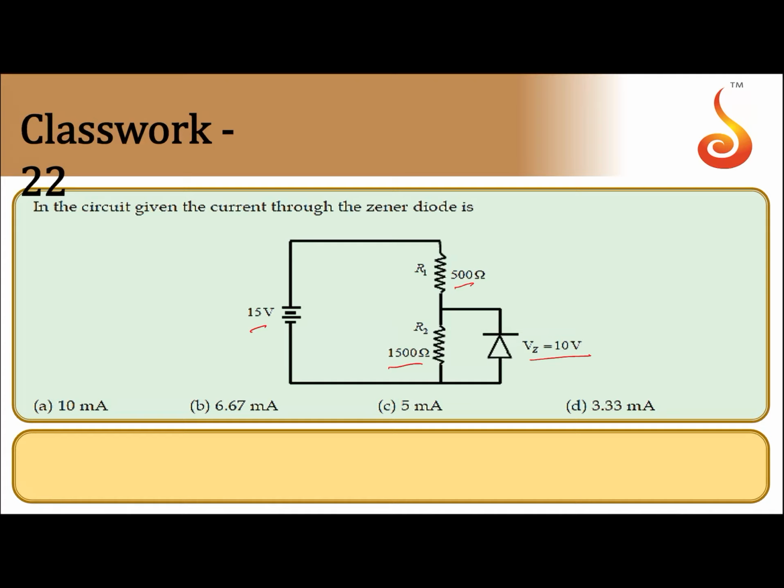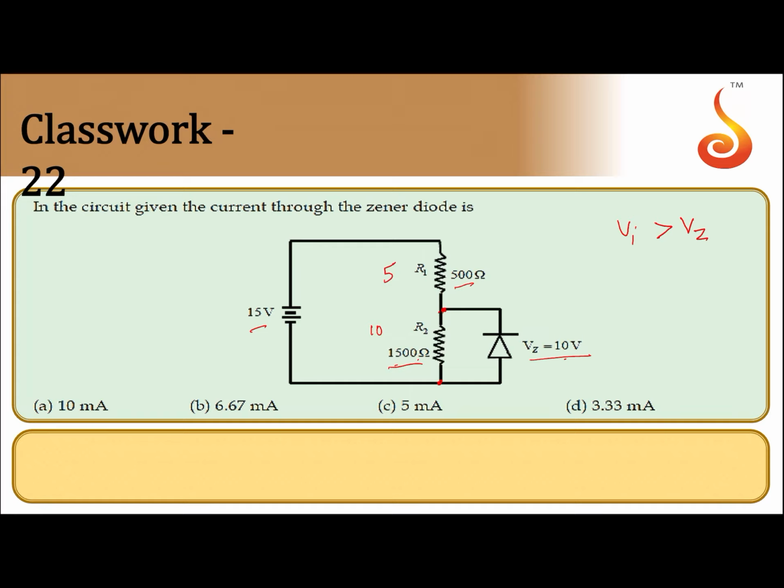Now the applied voltage, input voltage, is greater than Zener voltage. So voltage across Zener diode will be equal to 10 volt. That will be fixed. When this is 10 volt and this resistance is 1500, voltage across this is 10, remaining 5 volt appears across this. We need to find current through Zener diode.